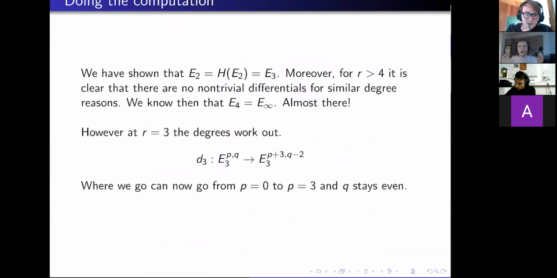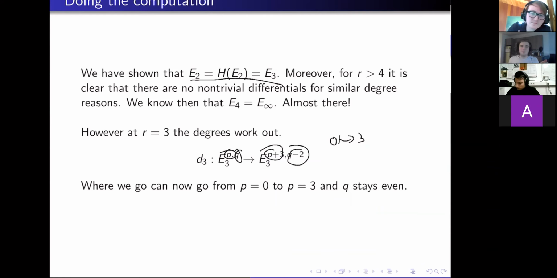Unfortunately, that's wrong. What happens on the E3 page? So we know that from this example, E2 is going to be the same as E3 because taking cohomology won't change anything because all the maps are 0. But this doesn't happen at E3. In fact, on E3, we get 0 can very easily go to 3 just by looking at this. And Q will always stay an even number if it started an even number.